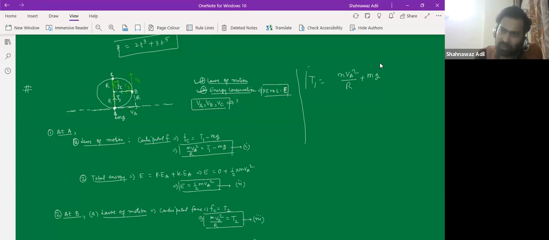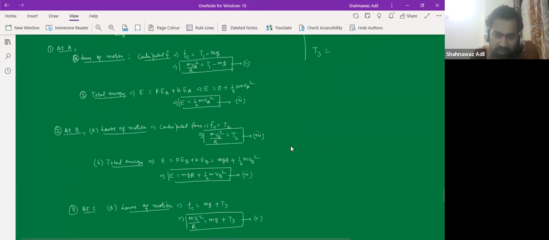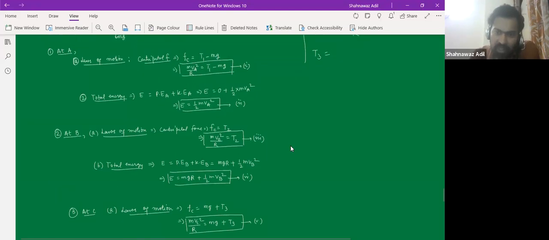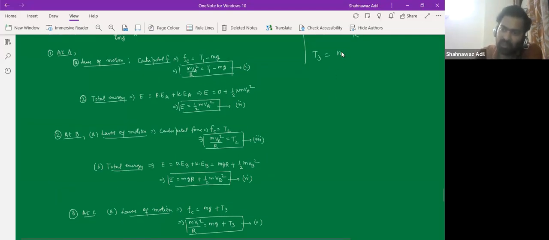T2 was simply mVB squared by R. And T3 was mVC squared by R minus mg, right?